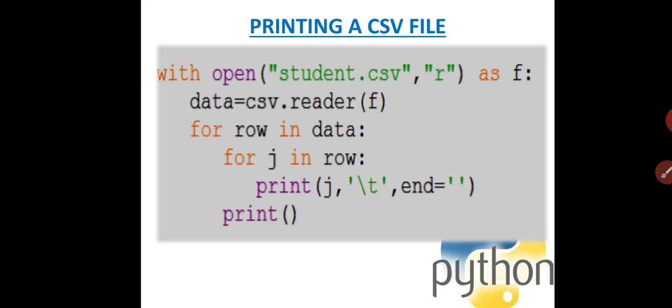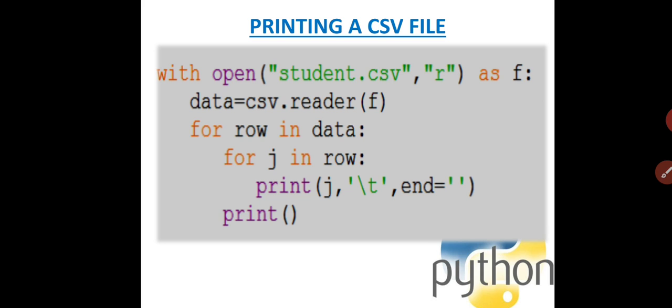First j will bring the admission number, it will be printed, then it will bring the name, it will be printed. Between admission number and name I want some horizontal space, so I have used \t, comma and end equal to space, so that the list elements are printed in the same row for the first record.